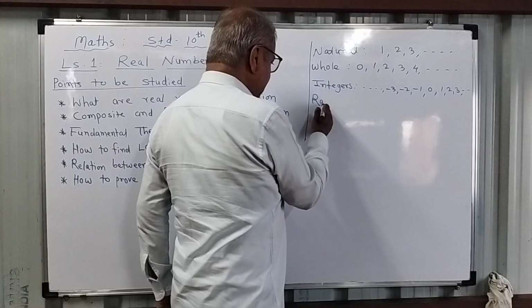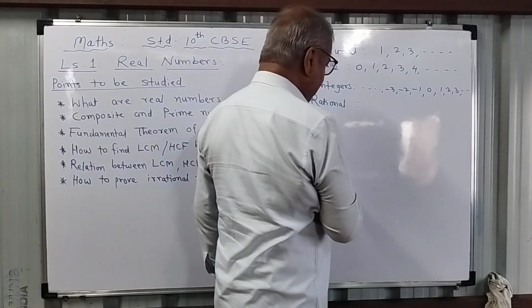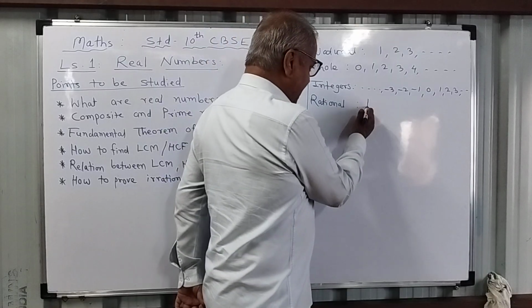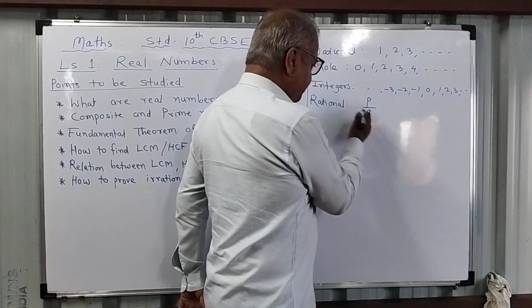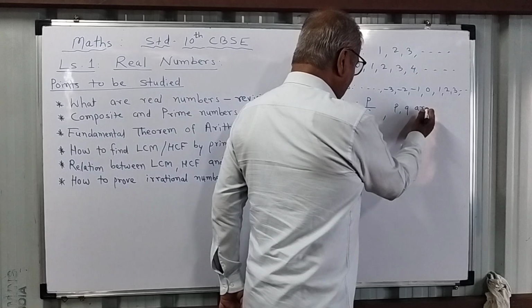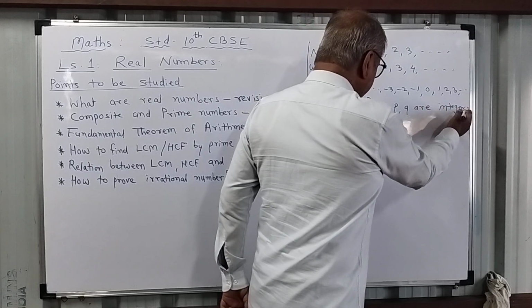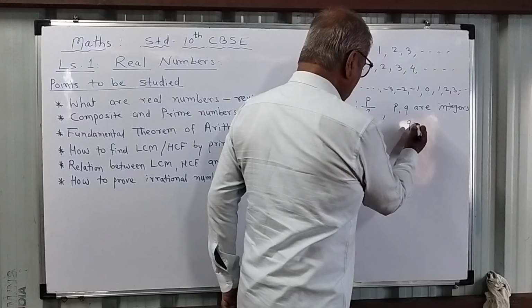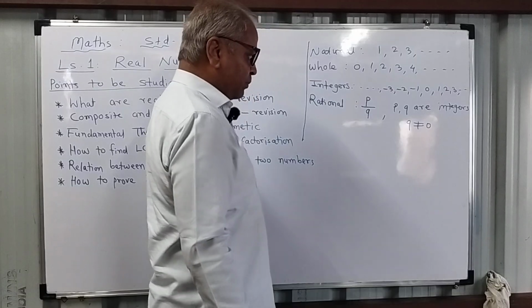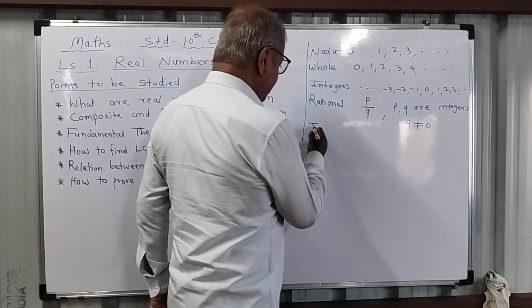Then rational numbers. Rational numbers are the numbers which can be expressed as P upon Q, where P and Q are any integers. But the condition is a very important condition: Q should not be equal to 0. Such type of numbers are rational numbers, and the fifth one is irrational.